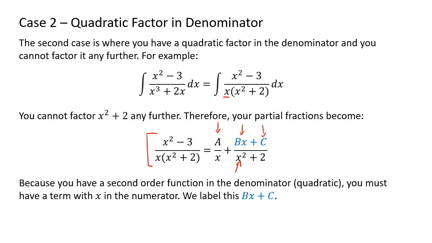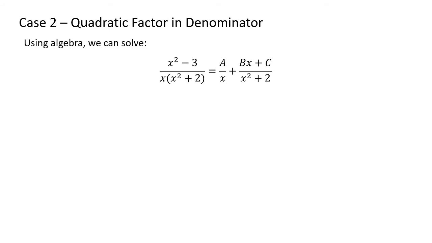So we have two terms now in the numerator, one of which is also a function of x. That is the major difference: when you have a quadratic in a denominator, because that's your only factor, you have to have a bx plus c, or a term with x and a constant. So using this example, knowing how the partial fractions are set up, let's go ahead and solve it.